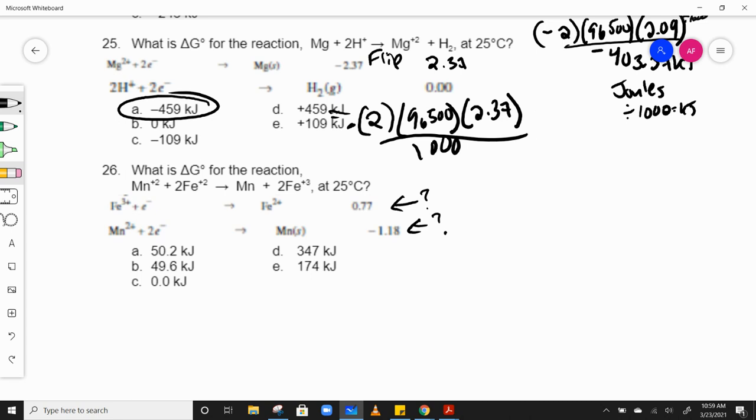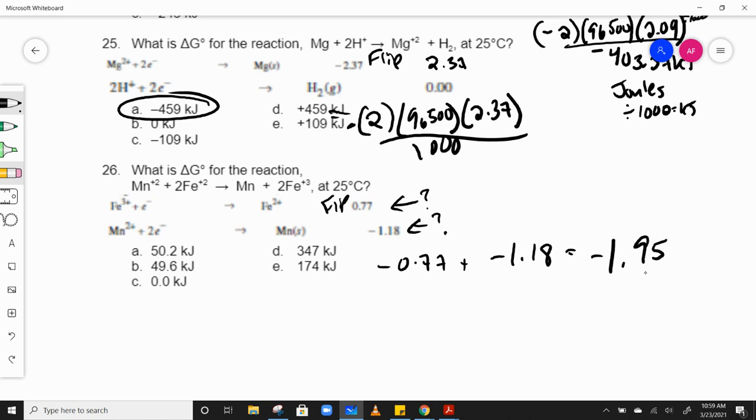Okay, but 26. So here, this one we have to flip it, flippity flip. We leave that one, so it's actually negative 0.77 plus negative 1.18, and we get negative 1.95.